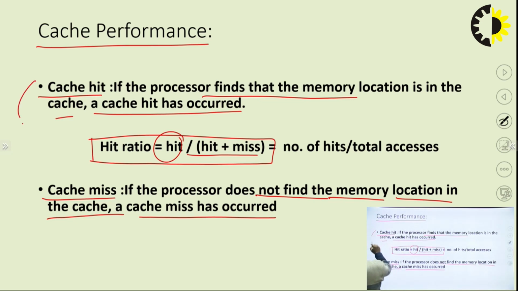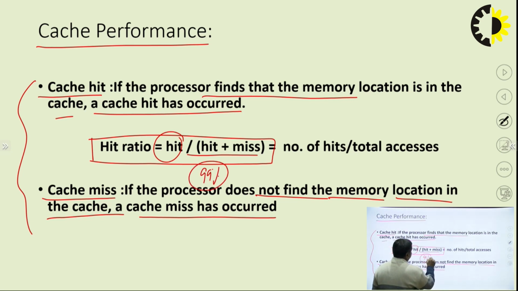These are the two parameters by which we find the performance of the cache. If the cache hit ratio of any cache memory is 99%, then the performance of this cache is much better.